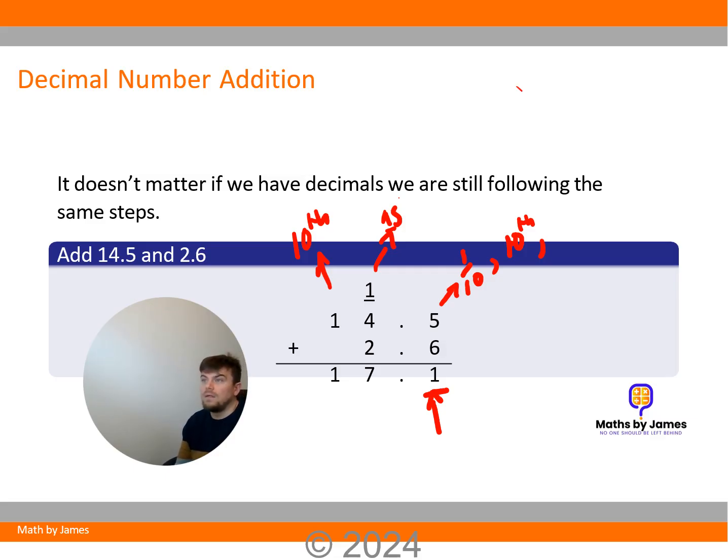So we have 1, add 4, add 7, and this gives us a 7 here. So we have 7 1s, and then we have 1 more tenth to add on, and this gives us 7.1 in total.